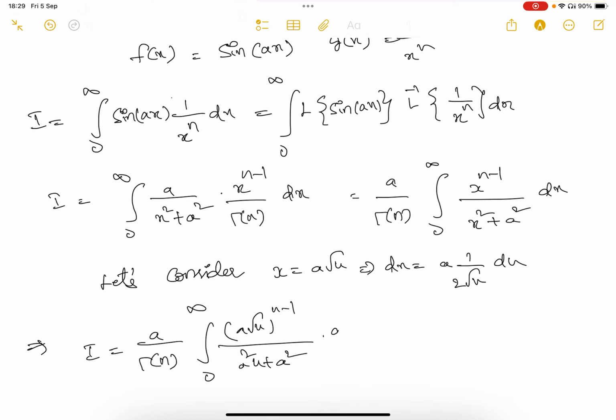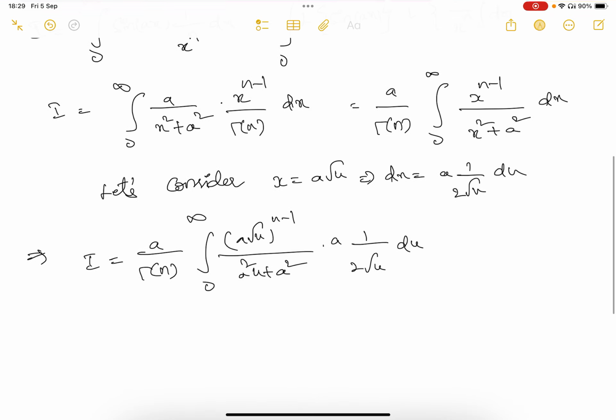Dx is a by 2 root u du. Fine. Then I can be written as a by gamma of n into integral 0 to infinity.